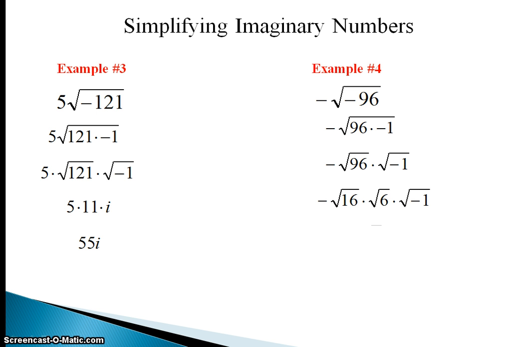So we can go ahead and break up those 2 radicals and end up with the square root of 16 times the square root of 6 times the square root of -1, which gives us -4 times the square root of 6 times i. Now remember, I said that we never leave the i after the square root, so we're going to move that in front of the square root and finish our simplification, giving us our final answer of -4i times the square root of 6. Pause now and copy down this example.